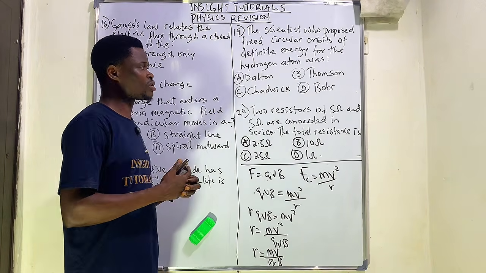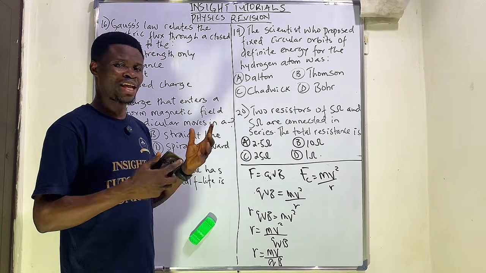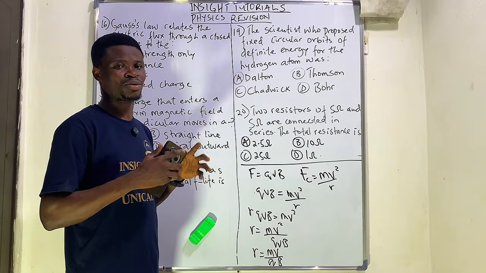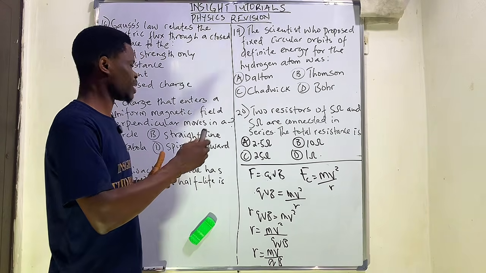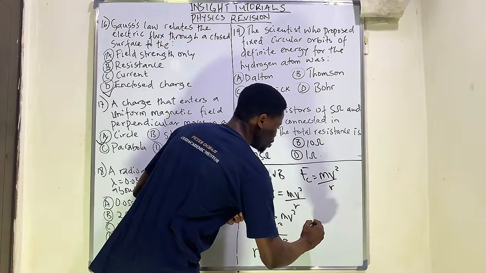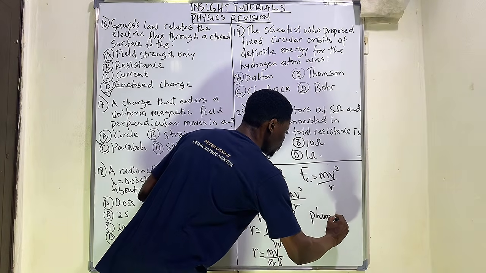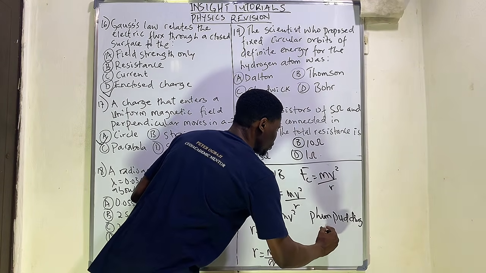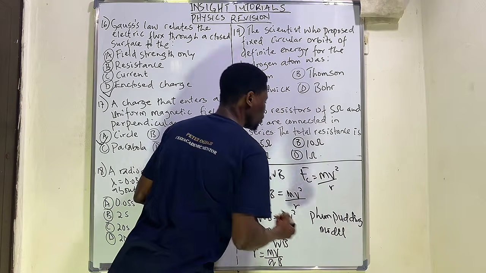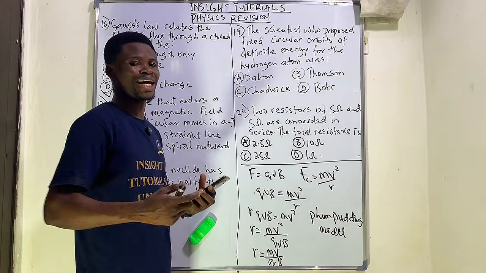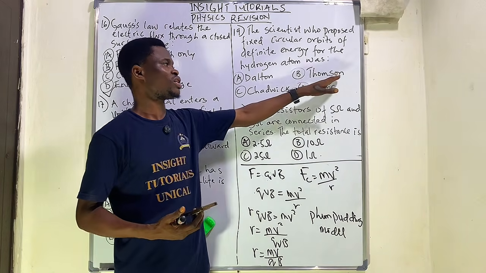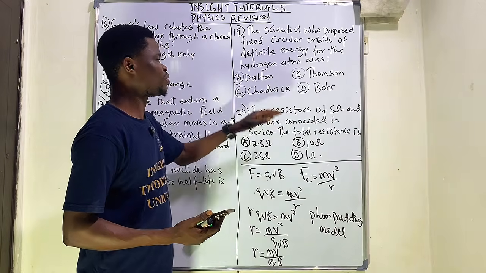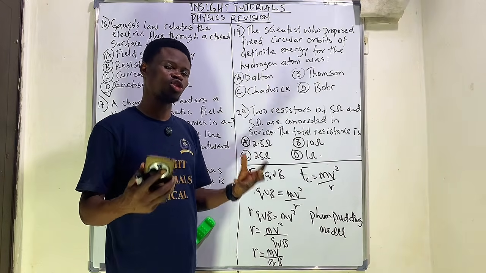Thomson talks about the electron. He discovered the electron, and he's also attributed to the plum pudding model. So when you hear electron and plum pudding model, think J.J. Thomson. Chadwick is the person that discovered the neutron.